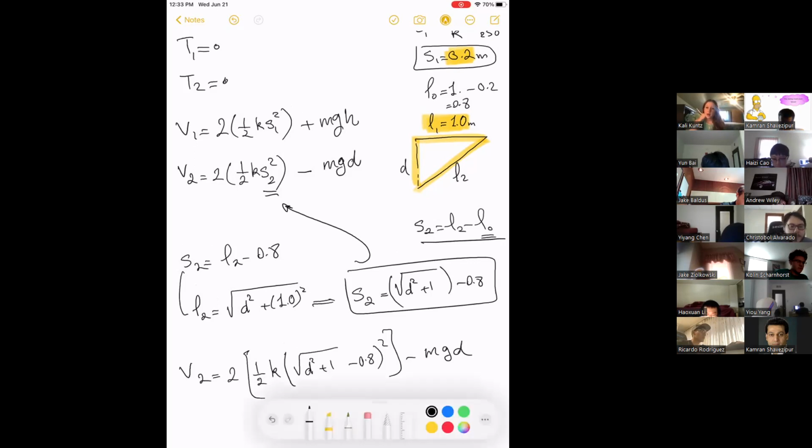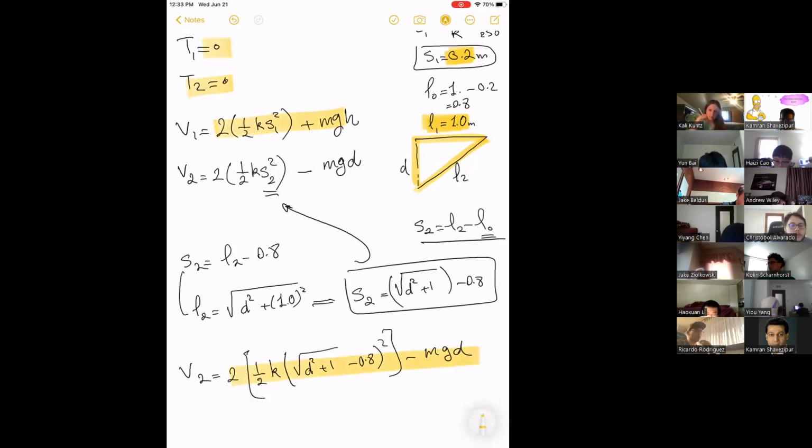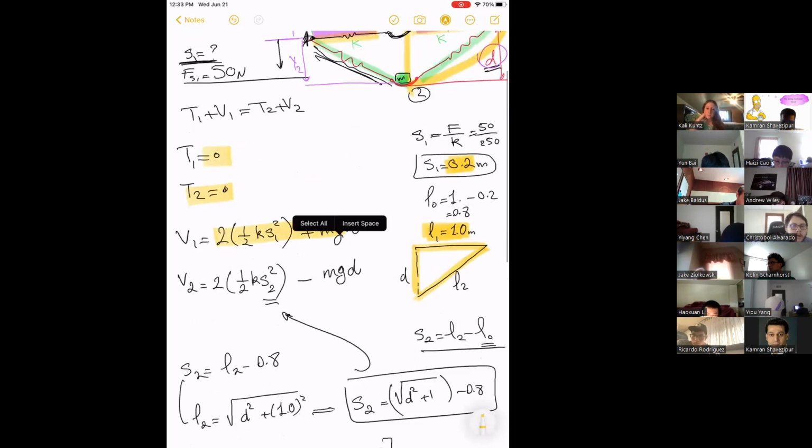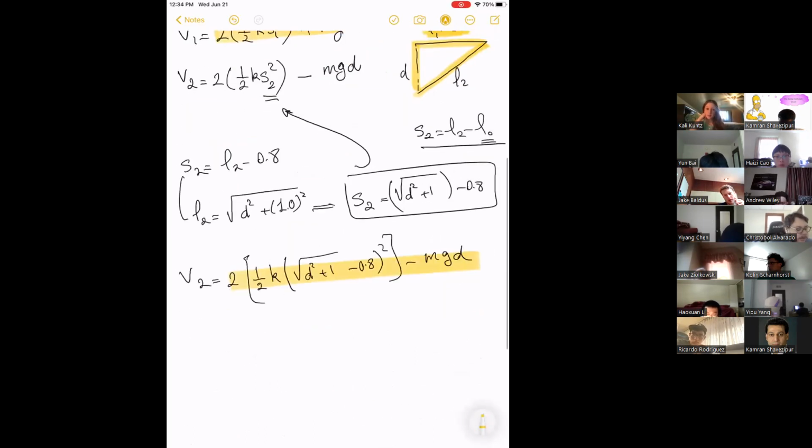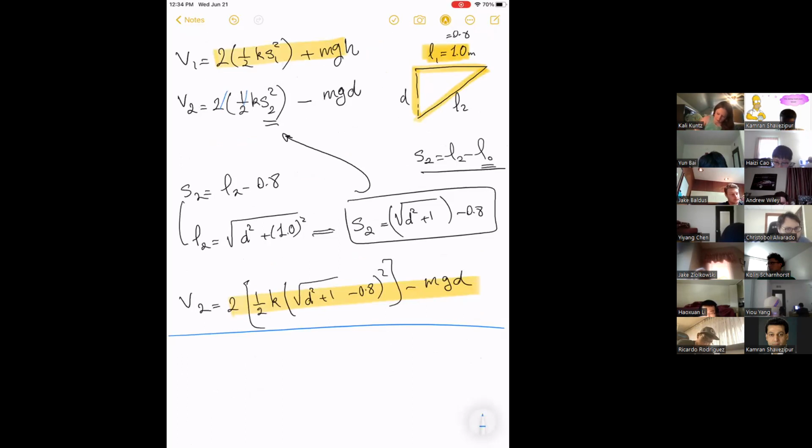So I got T1, T2, V1, and V2. And I'm going to substitute those values into this equation. And if you do that, I'm going to write it with blue. You're going to simply get these two cancel out each other.